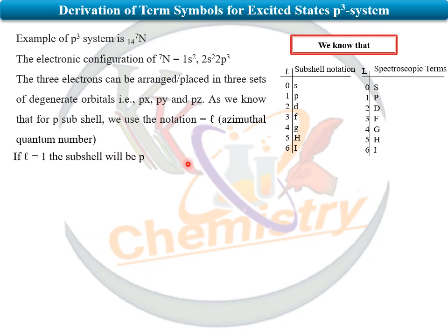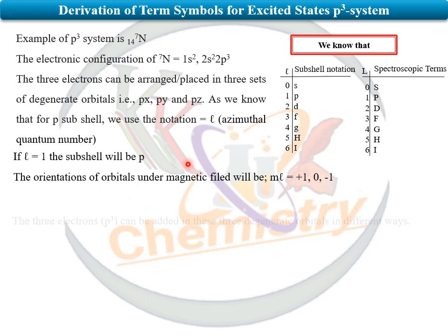If L is equal to 1, the subshell will be P. When this subshell is placed under a magnetic field, it is oriented into ml plus 1, 0 and minus 1.